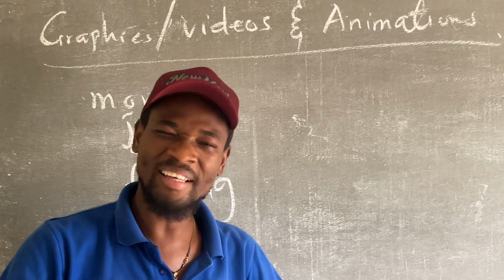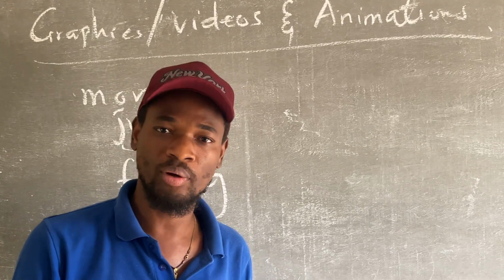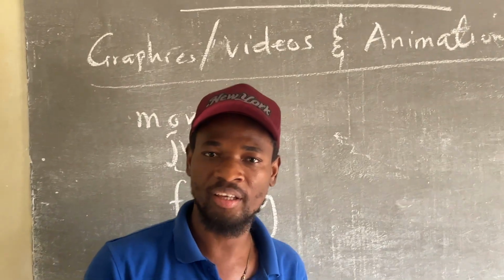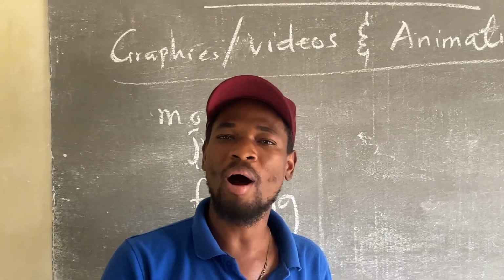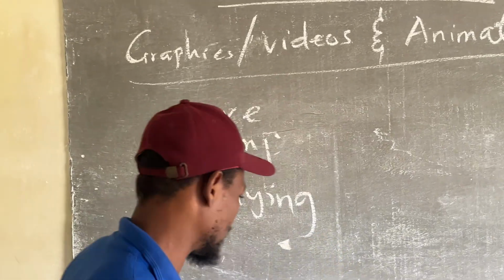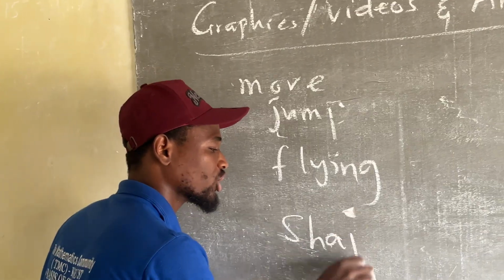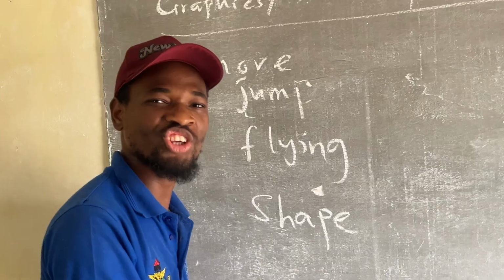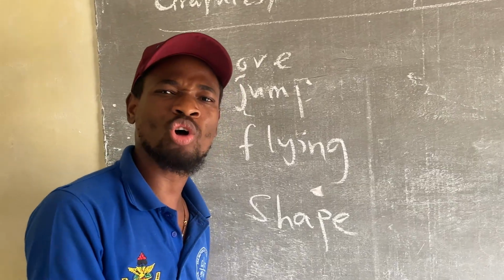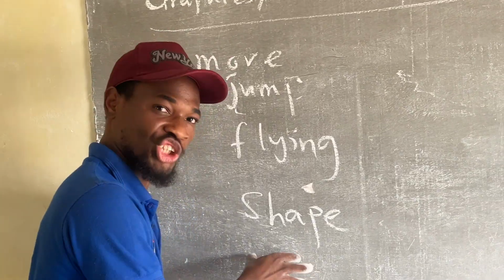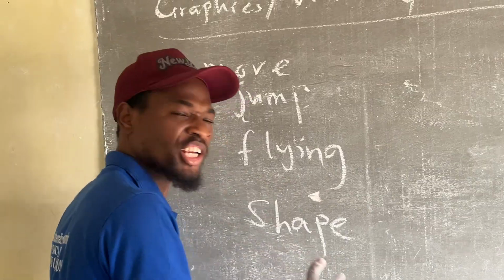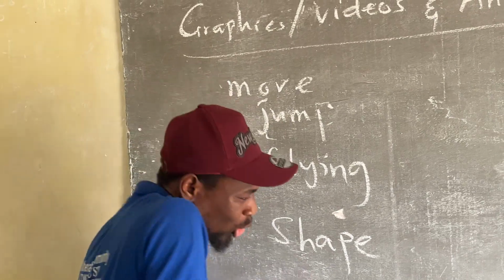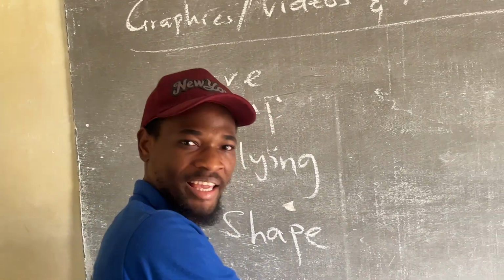So viewers, in summary, what I want to tell you is this: the ordinary equations only talk about shape. They describe the shape, but a parametric equation also describes the shape and the motion of a particle or a point along that shape or along that curve.